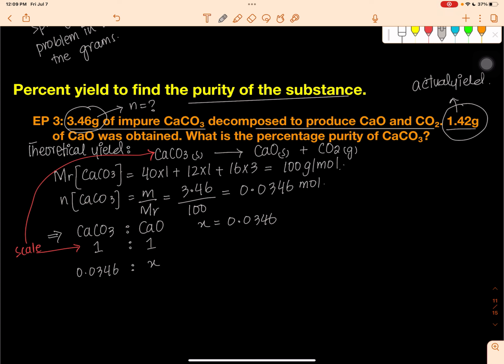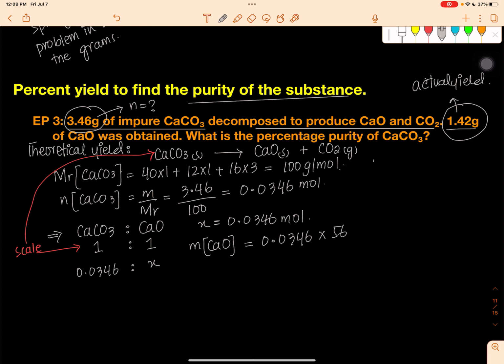So we need to find out what amount in grams is being produced. So x is equal to, or you can say the mass of calcium oxide, I'm still in that previous example. So the mass of calcium oxide is equal to 0.0346 times the Mr. So Mr is 56.